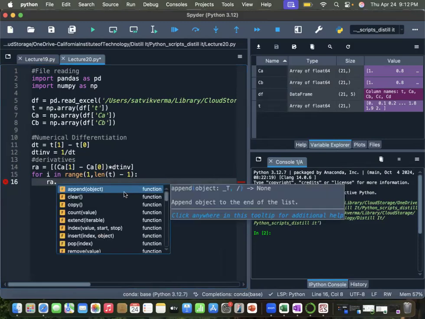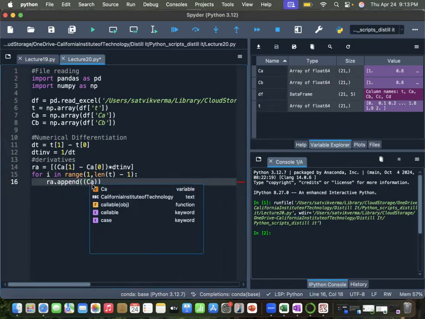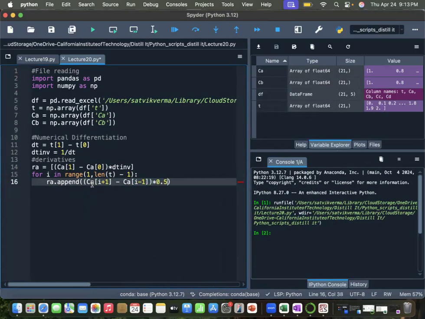So ra dot append, CA i plus 1 minus CA i minus 1. This is central difference times 0.5, because we are dividing by 2 times dt inverse. So once again, we have reduced the number of division operations and increased multiplication operations, right? So that's for all the other points at the center.